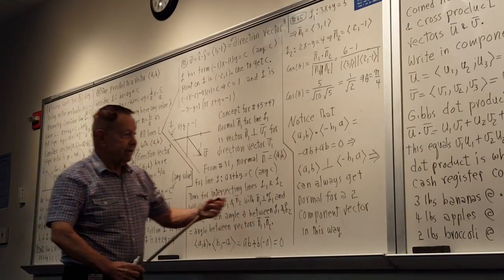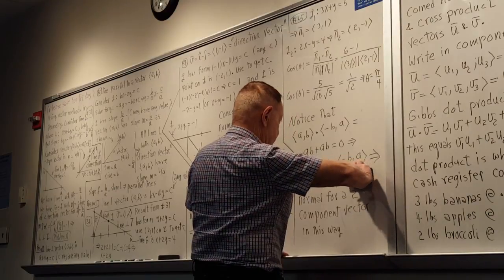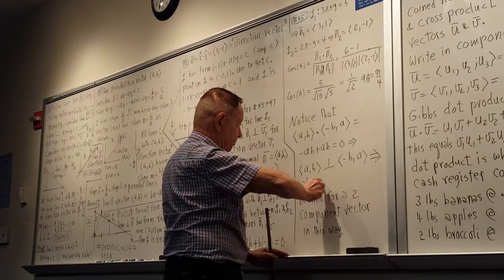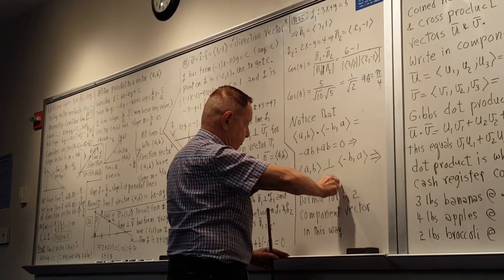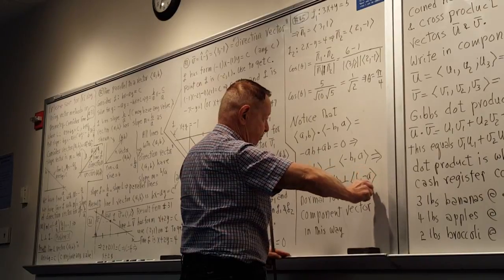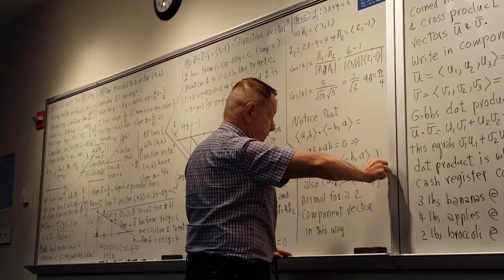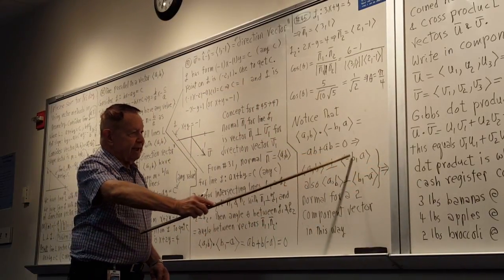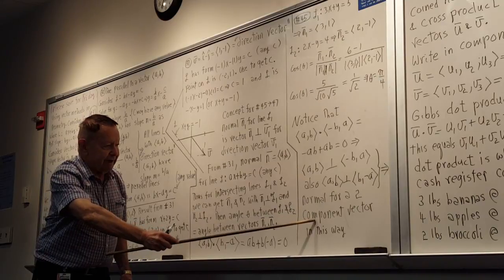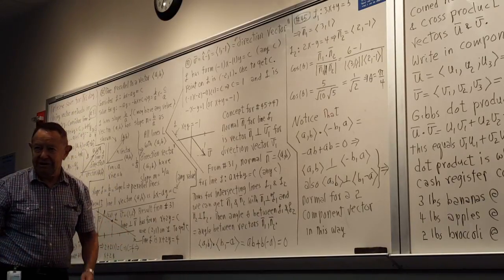So AB is perpendicular to this one, and so either statement or both together imply that you can always get a normal for a two-component vector in this coordinate, this component switching way.